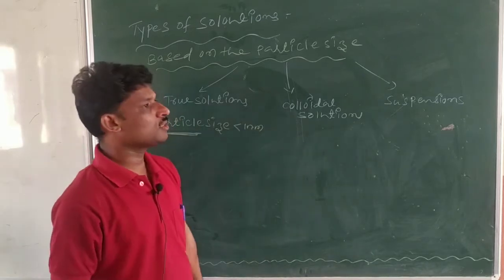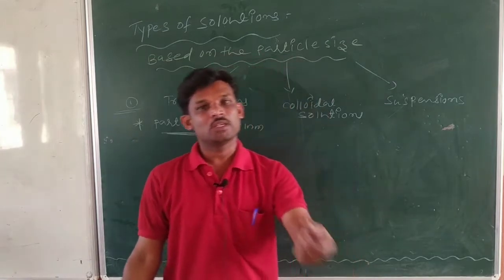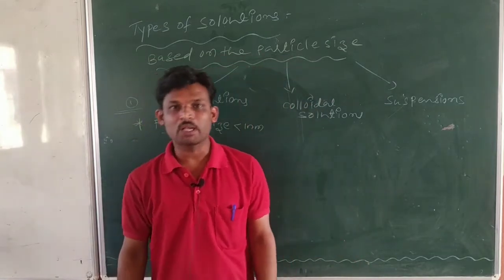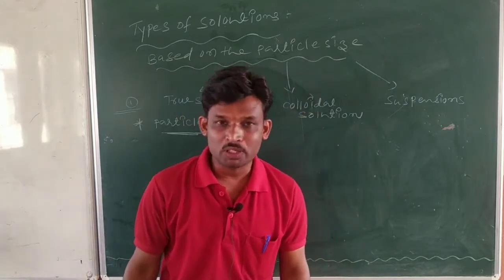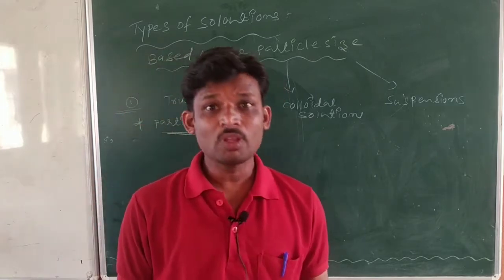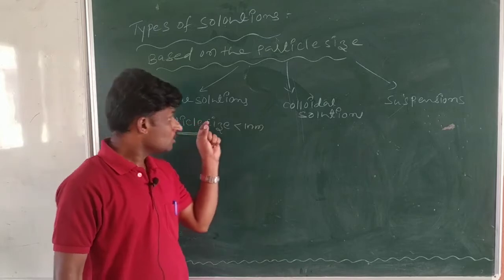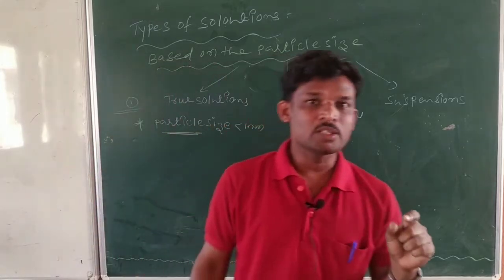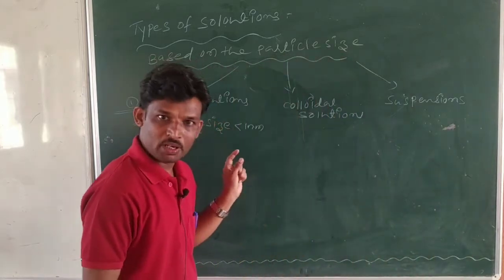Solutions are formed by two components: one is the solvent, one is the solute. In the solvent, solute particles are dissolved or distributed. The distribution of solute particles in the solvent is called a solution. Am I right or not?